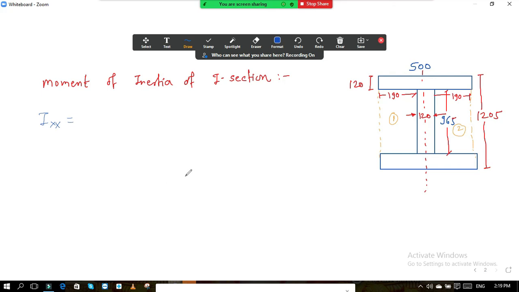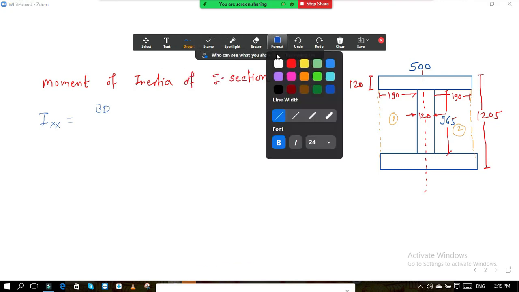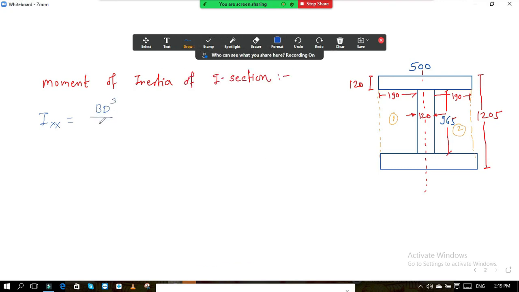And here in the case of beams, you should use Ixx. So it is capital BD cube by 12 minus small bd cube by 12.